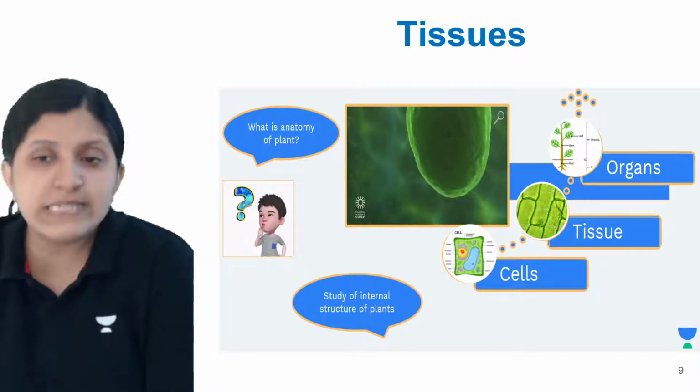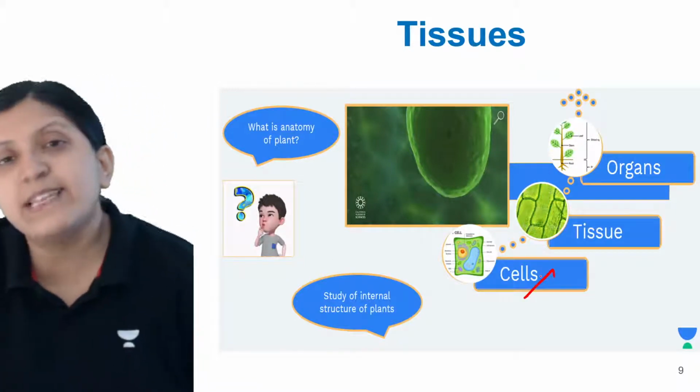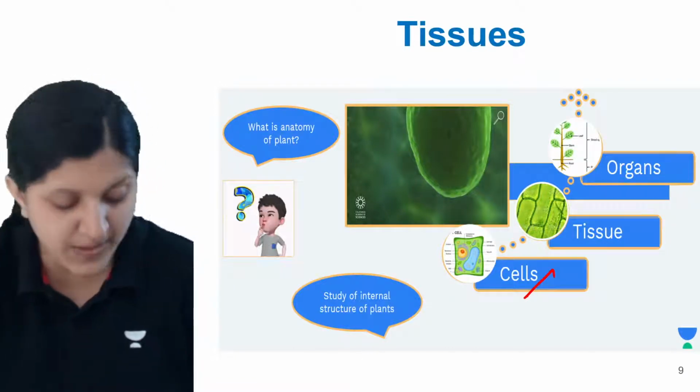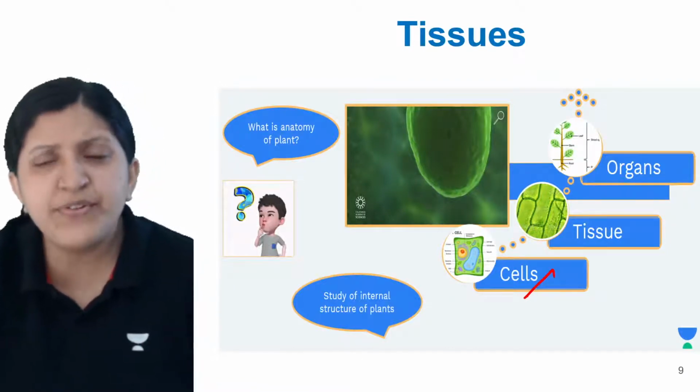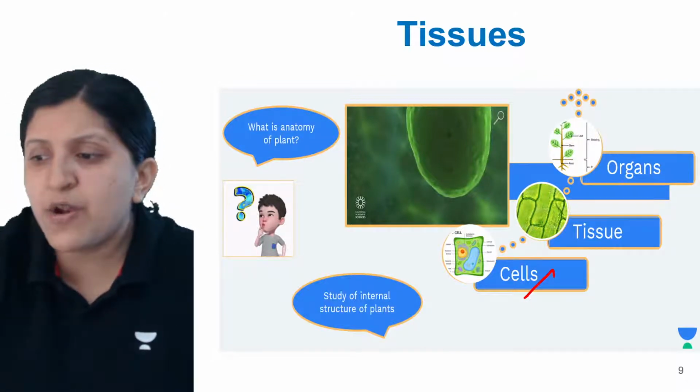We'll discuss everything. As of now, a cell is, as we all know, the structural and functional unit of life. Any life, whether it is a unicellular organism or a multicellular organism.